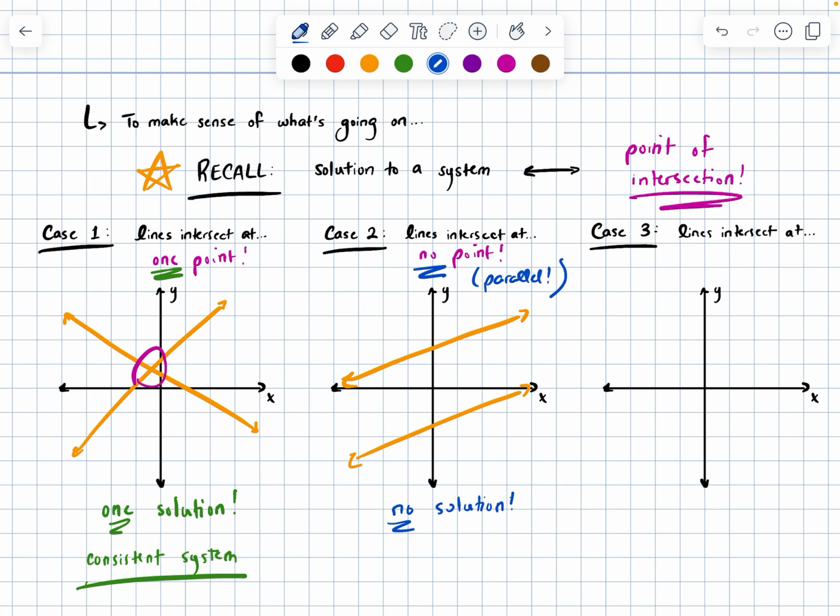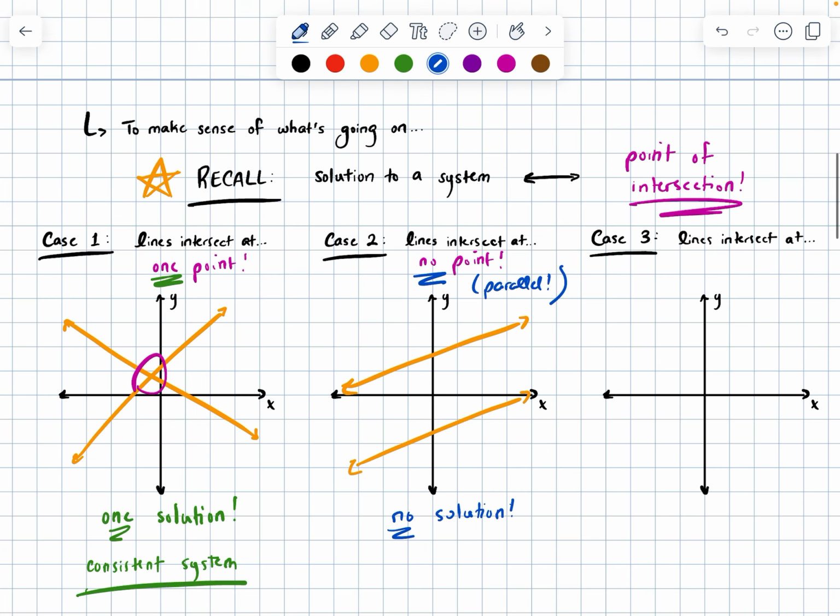Thinking cap. A system of equations with a solution is called consistent. What do you think that means that a system of equations with no solution would be called? Alrighty, well, the opposite of consistent, I would say that it is inconsistent. So an inconsistent system has no solution.